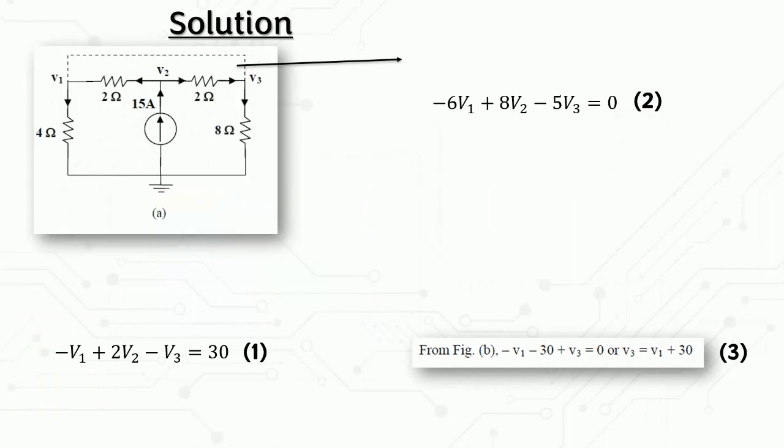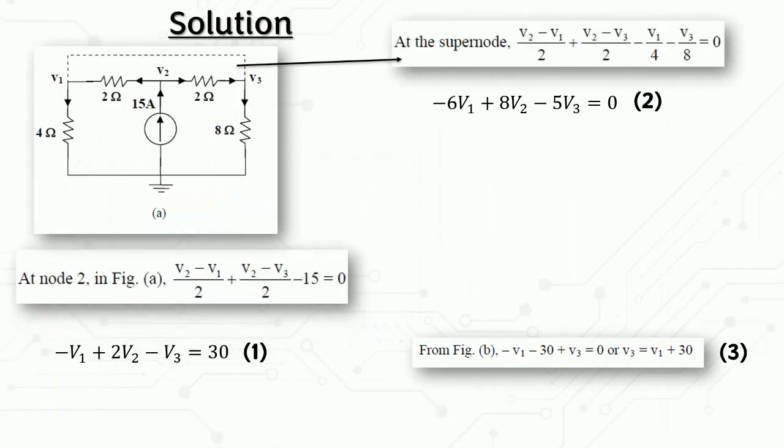Okay, just have a look at this. At this super node you will have V1 and V3 involved, with all the connections on V1 and V3. Let's say here we have this as the negative current, here is entering which is positive, here as well as the positive, and here is the negative current.